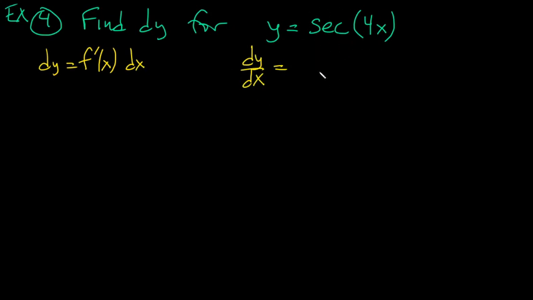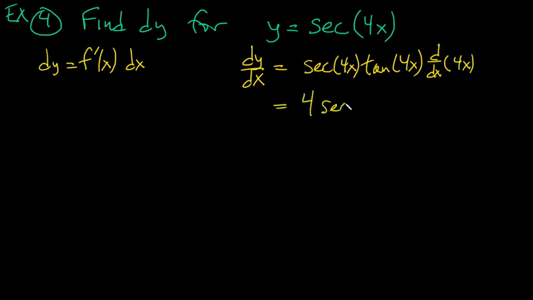So if you remember, the derivative of secant is secant times tangent. Don't forget the chain rule. You have to take the derivative of 4x, which is just 4, and I'll pull the 4 in front. So 4 secant 4x tangent 4x. But that's not dy, that's dy by dx.